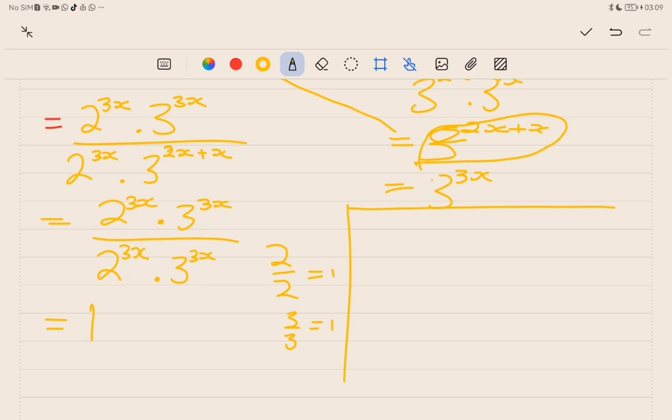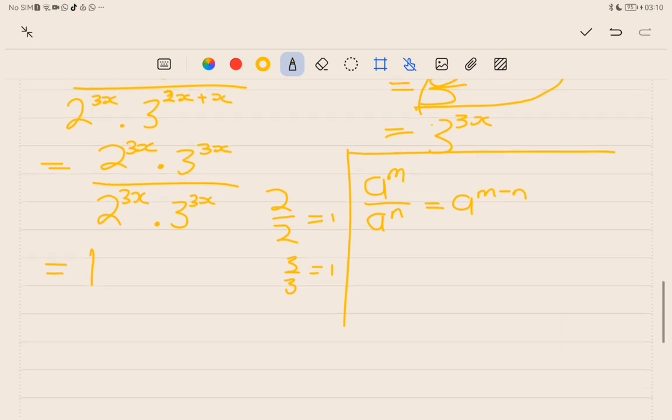Then let me show you where it comes from. So if I say 2 divided by 2, I'm going to apply a law of exponent, which states that when dividing powers of the same base, you subtract the exponents. Let me represent it first before I apply it. So this is the representation of this law. So let me say 2 divided by 2.